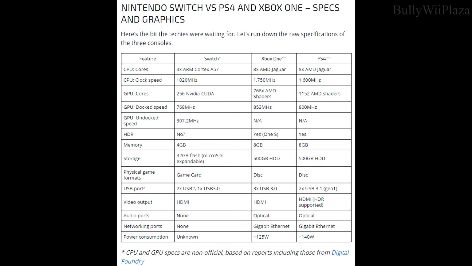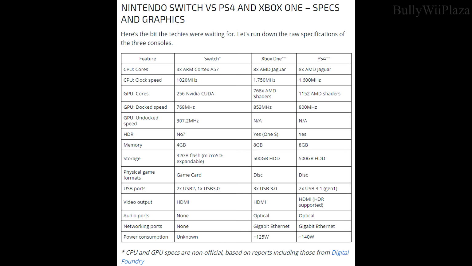Now that we have seen the Scorpio's impressive specs, let's see how the Nintendo Switch compares to the Xbox One. Notice how we are not comparing to the Scorpio directly here, but with the old Xbox One. The Switch has 4 cores in comparison to 8 on the Xbox One. This decreases performance overall due to less efficient parallelism of computations.